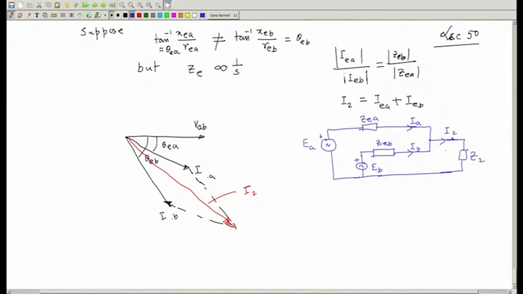Then this current will be shared by the two transformers as 20 ampere and 10 ampere. Which one was 20? The 4 kVA one. You imagine ammeters are connected here: it will read 30, it will read 20 ampere, it will read 10 ampere. Because of what? Because of this fact.